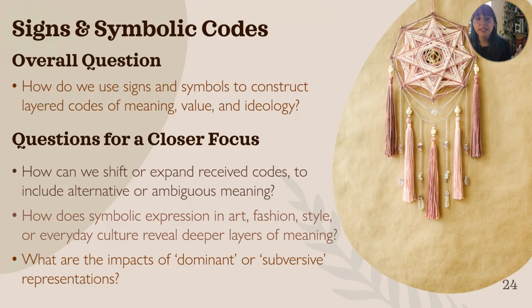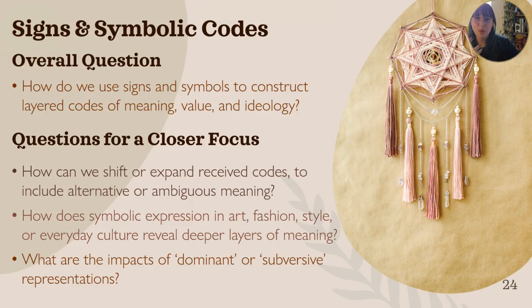How does symbolic expression in art, fashion, style, and everyday culture reveal deeper layers of meaning? What are the impacts of dominant types of representation, so like mainstream, versus subversive types of representation, so alternative lifestyle type symbolism?